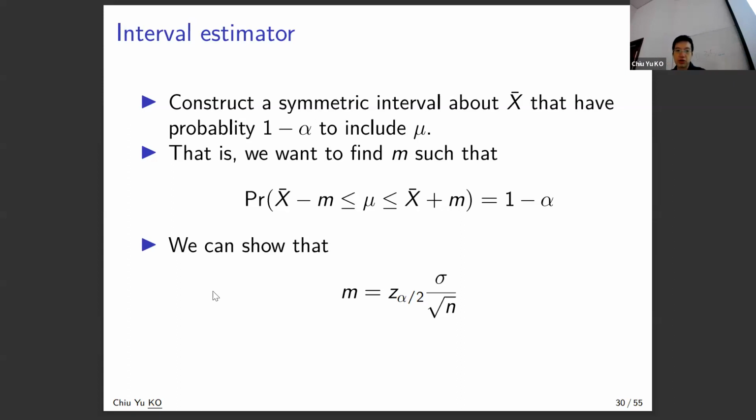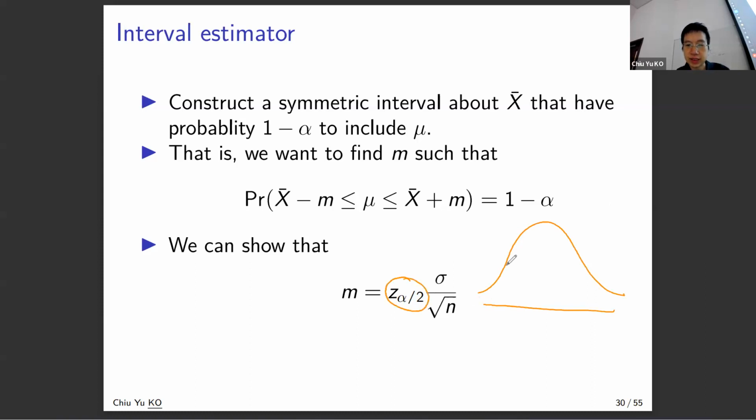And we can show, actually it's not surprising, M will be just Z alpha over 2 times sigma over root n. So what does Z alpha over 2 actually mean? Just this guy. You see, alpha over 2 means this.